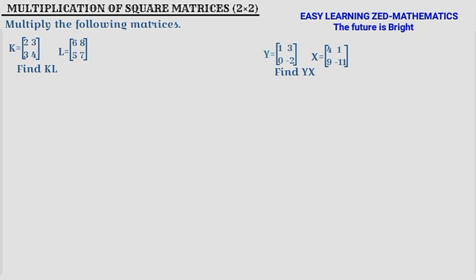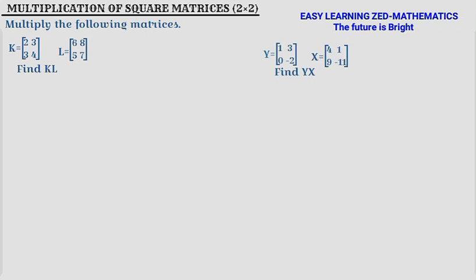If it's KL, just start by writing the matrix K, then L. If you write LK, the answer will be different from the answer expected from the instruction given. Okay, so now let's get started with multiplication of these matrices.